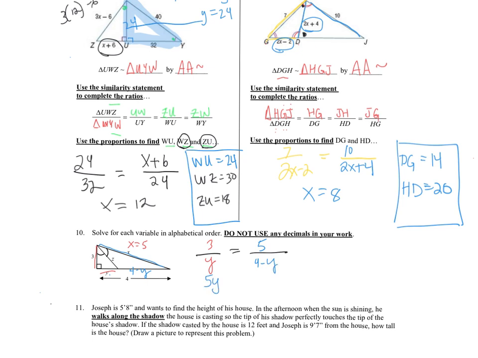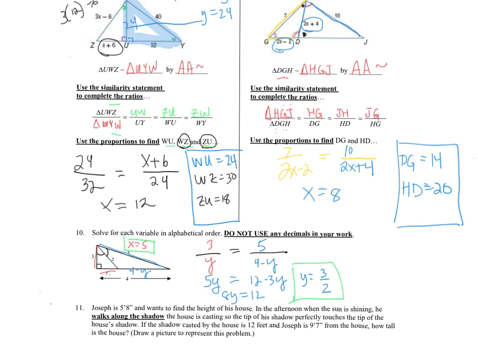And I'm going to cross multiply. I'll get 8y equals 12, and then y will equal 3 over 2.